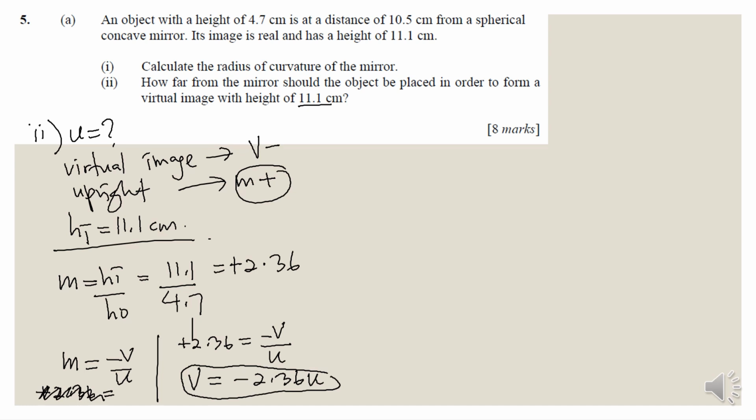Okay, then kita guna 1 over F equal to 1 over U plus 1 over V. Okay, so F focal length masih sama 7.375, 1 over U plus 1 over V is negative 2.36 U. So kita darab lah.